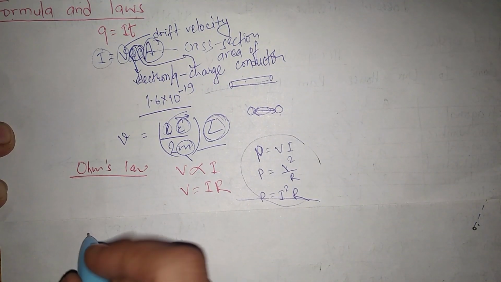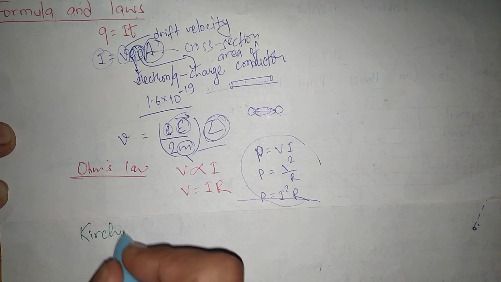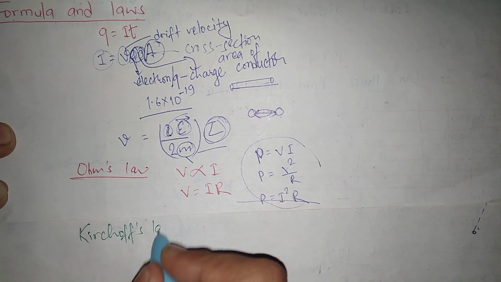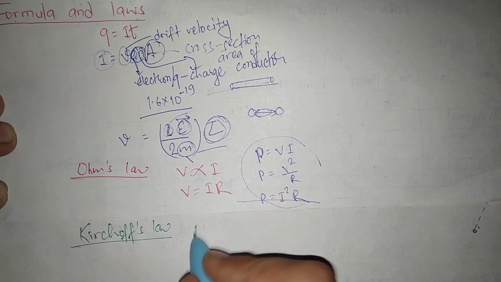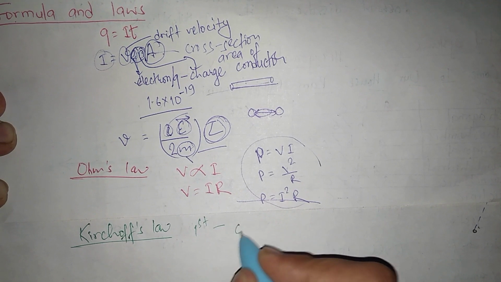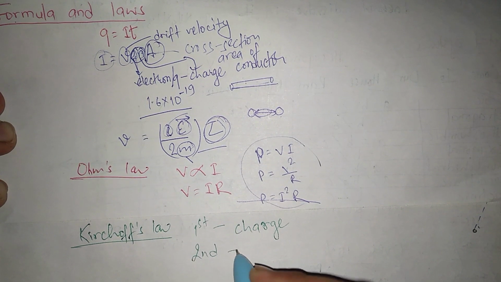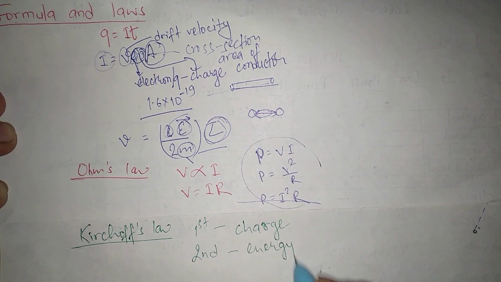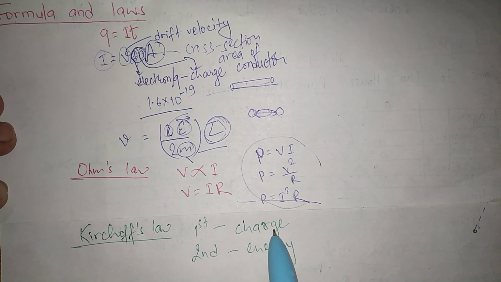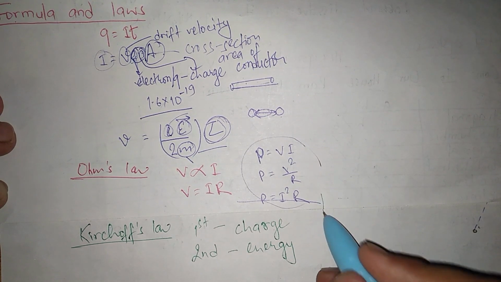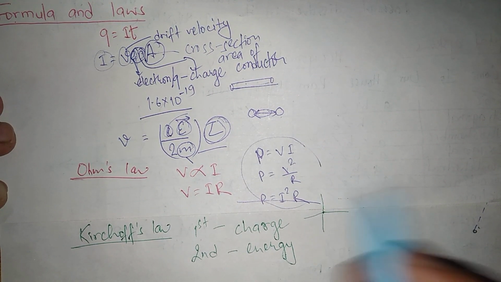Now we will go to Kirchhoff's laws. Kirchhoff's first law is based on conservation of charge, and the second law is based on conservation of energy. The first law states that at a junction the input current is equal to the output current.